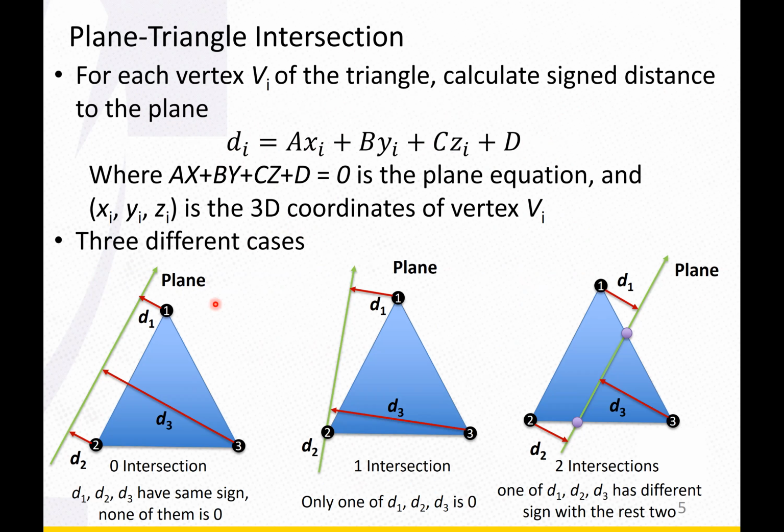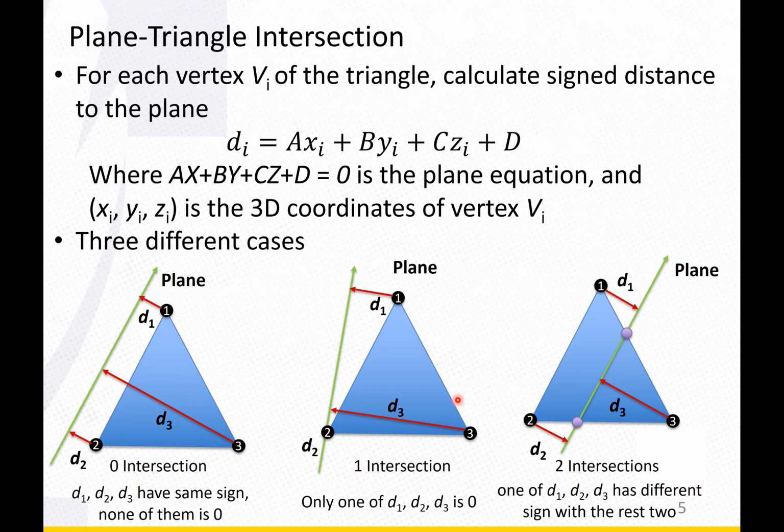Then there are different cases if you check each triangle edge. There could be a case where the 3 signed distances from the 3 vertices of the triangle to the plane are all the same sign. That means there's no intersection, meaning this triangle is either on top of this plane or in the bottom of this plane.